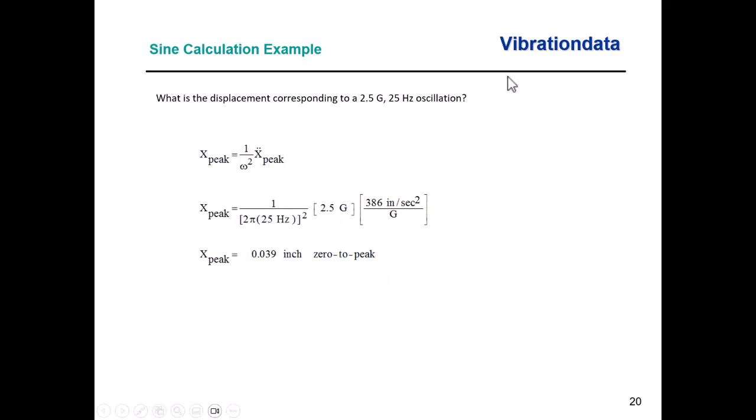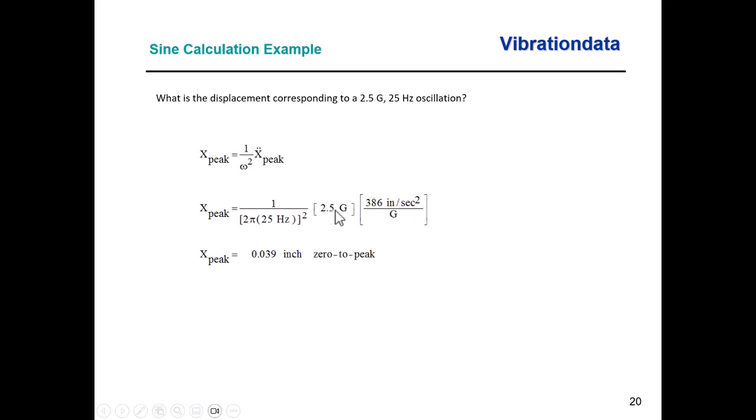This just shows a sample calculation, if you like your hand calculations. In this case, we've got a 2.5 G, 25 hertz oscillation, sinusoidal, and we want to calculate the corresponding displacement. So this just goes through the mathematics. We've got omega then is going to be 2 pi times 25 hertz. We have to square that.